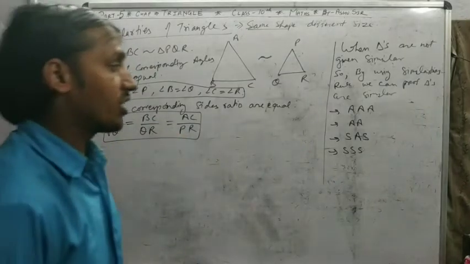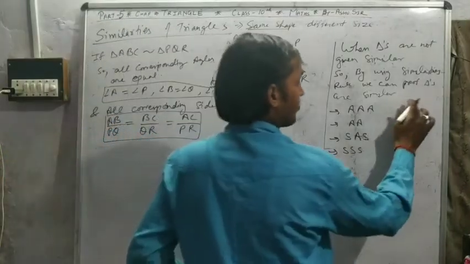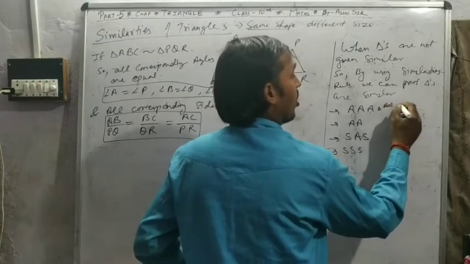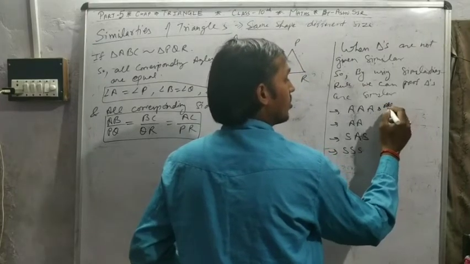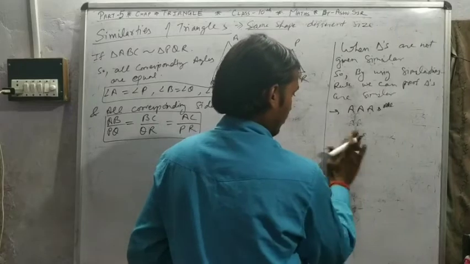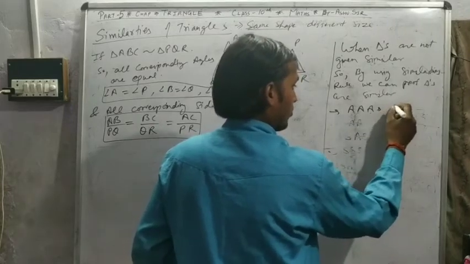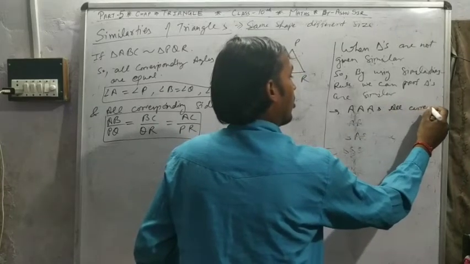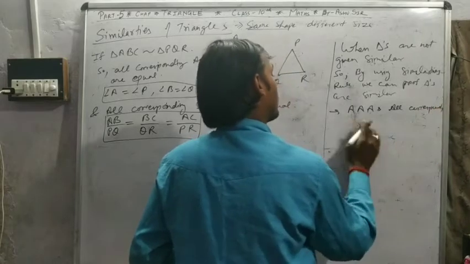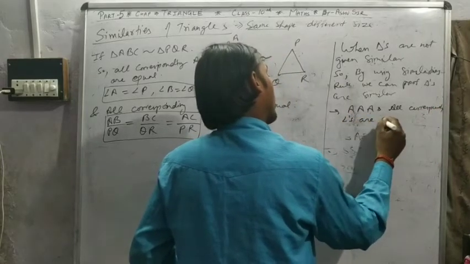And all 4 are different. These are: AAA, all corresponding angles are equal.